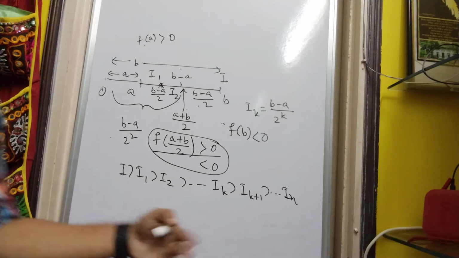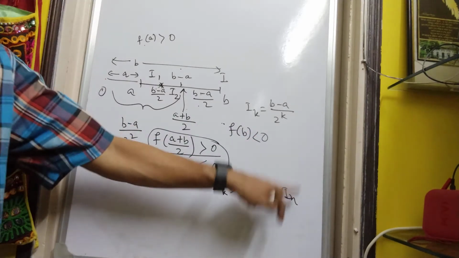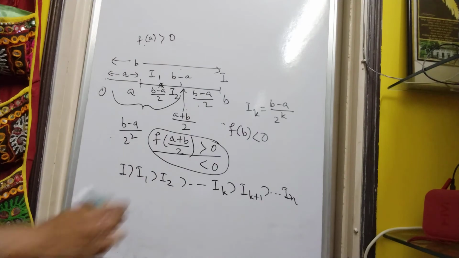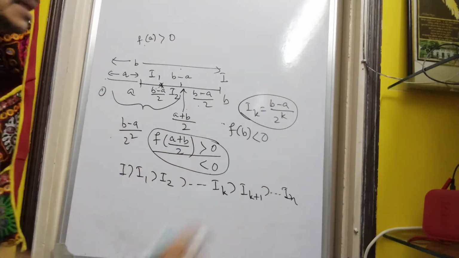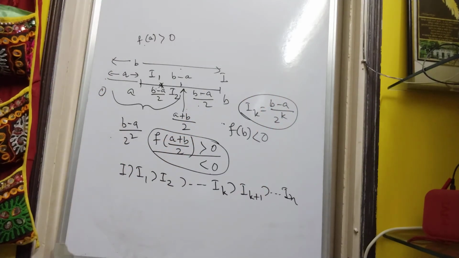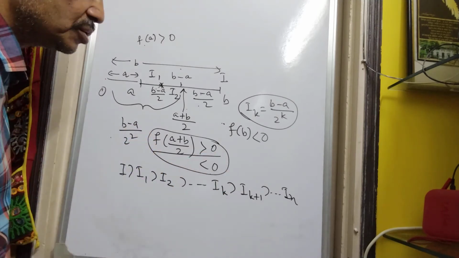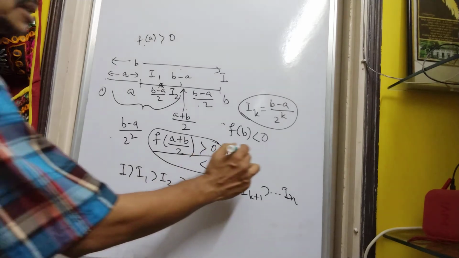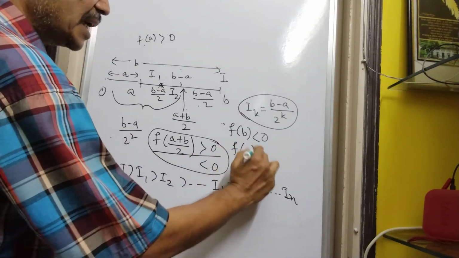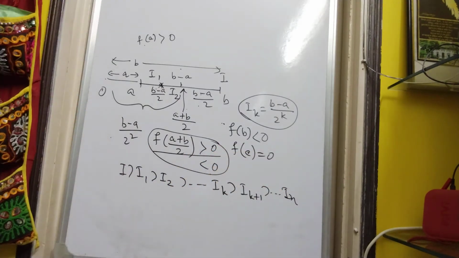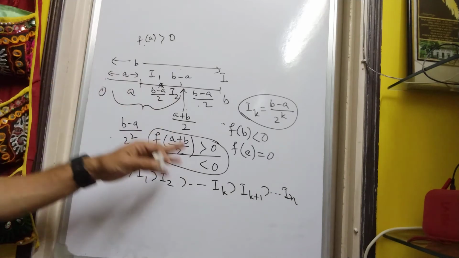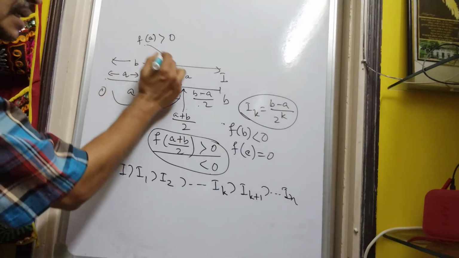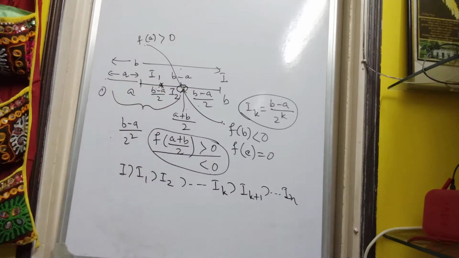And after a sufficient number of iterations, when k or n becomes very large, then the length of this subinterval tends to 0. That means it converges to a specific point c for which fc is equal to 0. It's not positive or negative, but fc is 0. That means the continuous function crosses this line. So this is the concept.